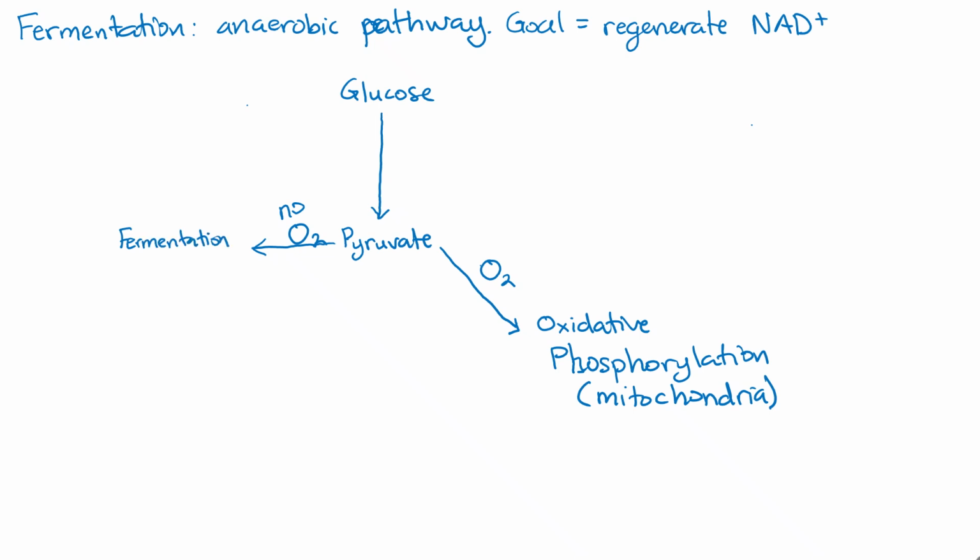With fermentation, y'all, it's still in the cytoplasm, and there are 2 types. The first type is called alcohol fermentation, and it produces ethanol, which is a type of alcohol, and NAD+.